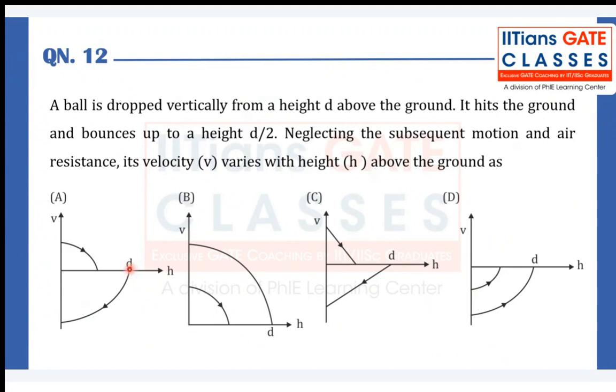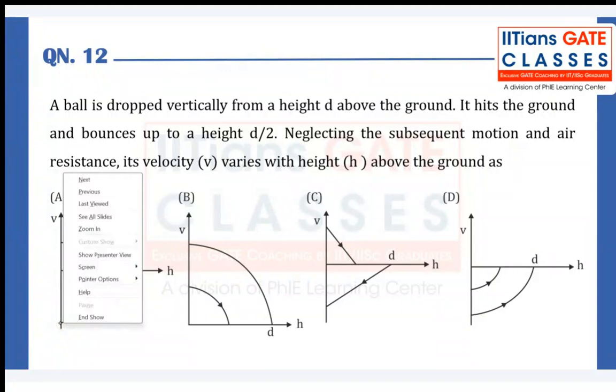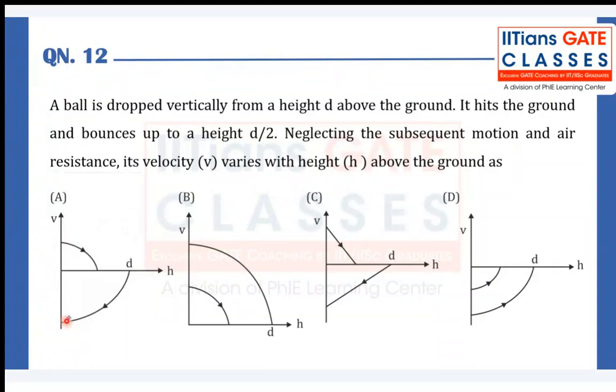So at, let's say, height d, you have the initial velocity 0 because it is dropped from rest, and it is increasing, and then when it hits the ground, it becomes 0, and then it bounces up. So the direction of the velocity is changing.